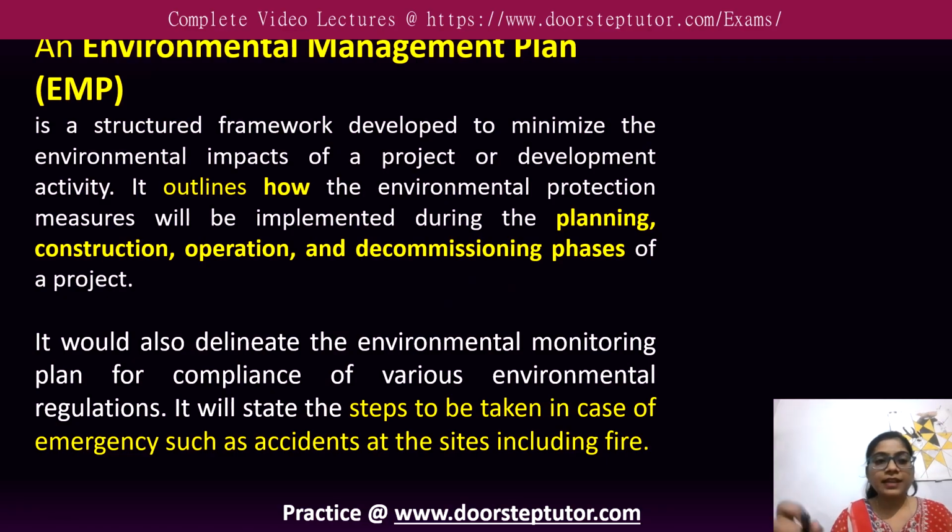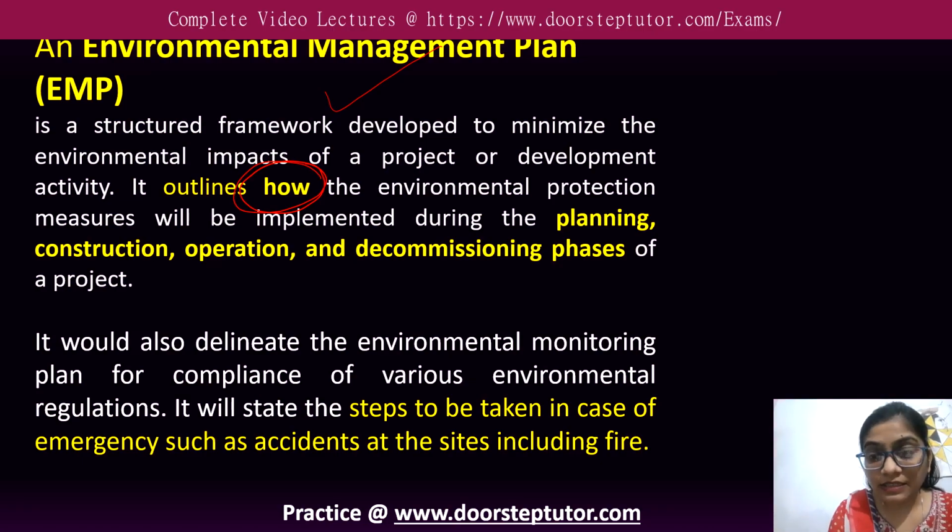Now, in this slide, we will talk about the peculiarities of the environmental management plan. So, environmental management plan outlines how to actually mitigate the possible environmental effects of that particular project on the environment. It includes a mitigation step for each phase of the project. First is the planning phase of the project.